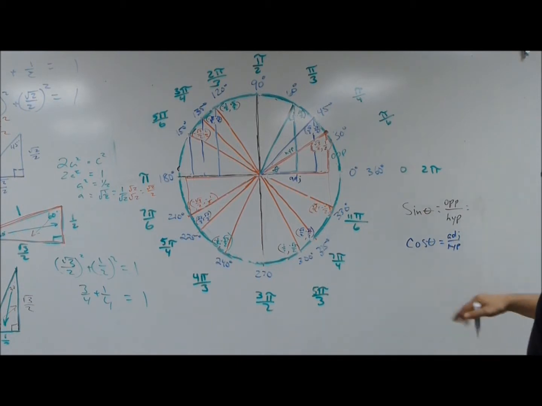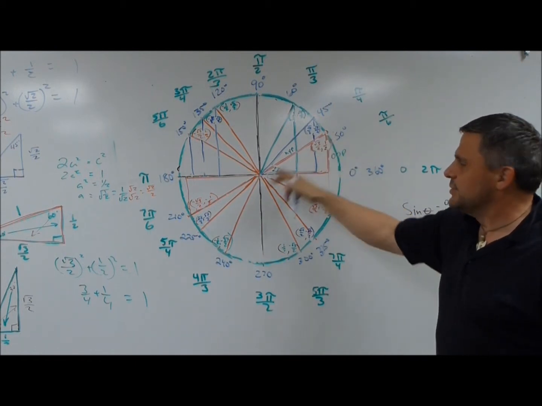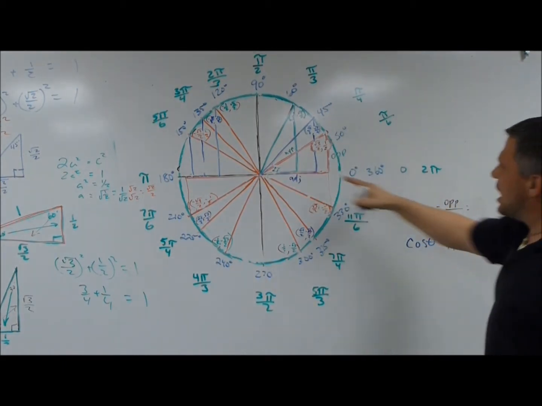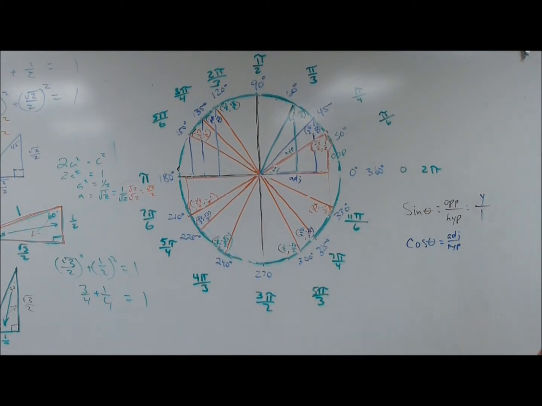All right, let's start that again. Sine theta is opposite over hypotenuse. What is this hypotenuse? 1. So it's the opposite, or the y value over 1. Sorry about that.